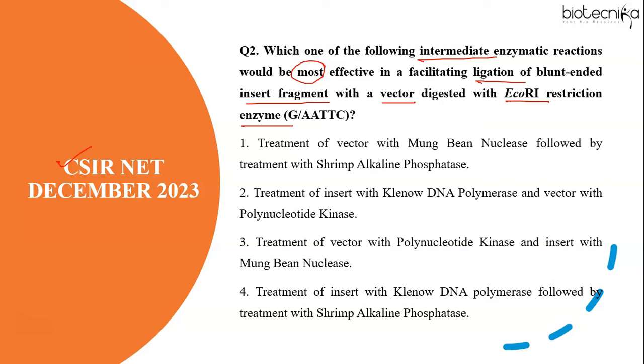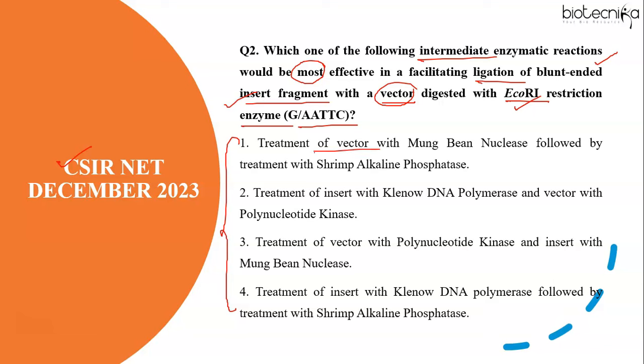Kindly note, the insert fragment is blunt-ended and the vector is digested with the enzyme EcoRI, which generates sticky ends. So you have to find out which of the enzymatic reactions given in the options would be most effective in facilitating ligation of insert and vector.